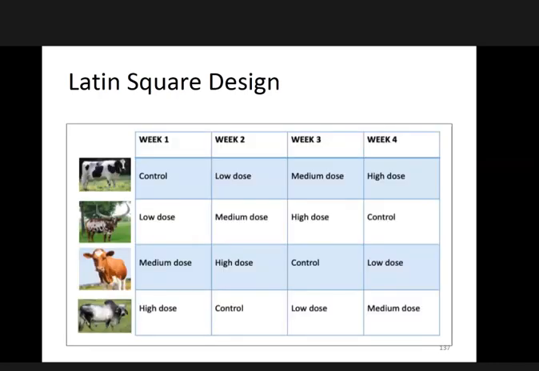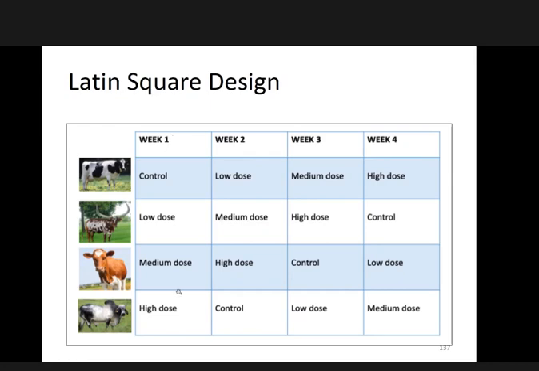Yes, doctor. Okay, so here is another example. Here, for example, I have week 1 of the study, week 2 of the study, week 3 of the study, and week 4 of the study. Remember, if an animal has just produced, they will have different characteristics in the different weeks that I want to study. So we can use the week as a blocking factor.